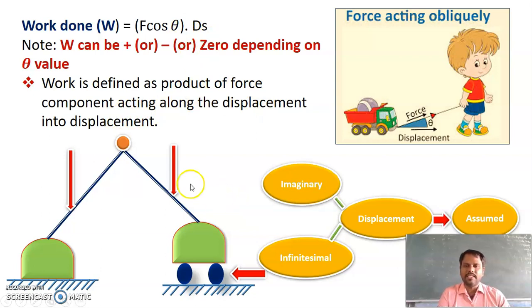Now let us consider a system of forces acting on a body. If the body is under equilibrium, then the displacement is 0, then work done is 0.